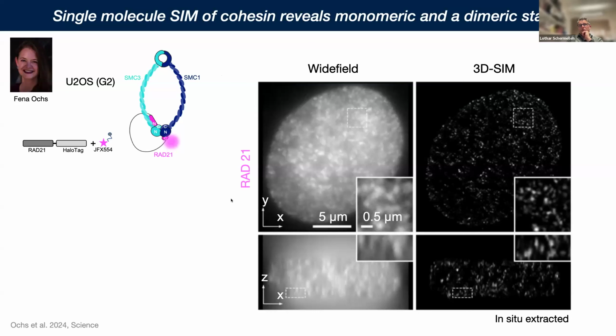Where we pushed this was in more recent work with my collaborator Fina Ox, who for this project was interested to characterize and study cohesin complexes, and developed a nice labeling technique for HaloTag using JFX dyes.